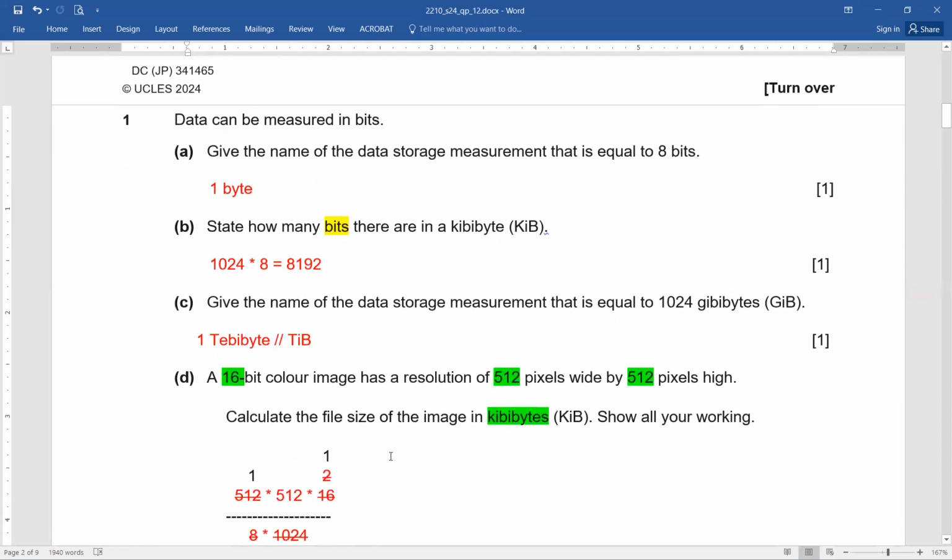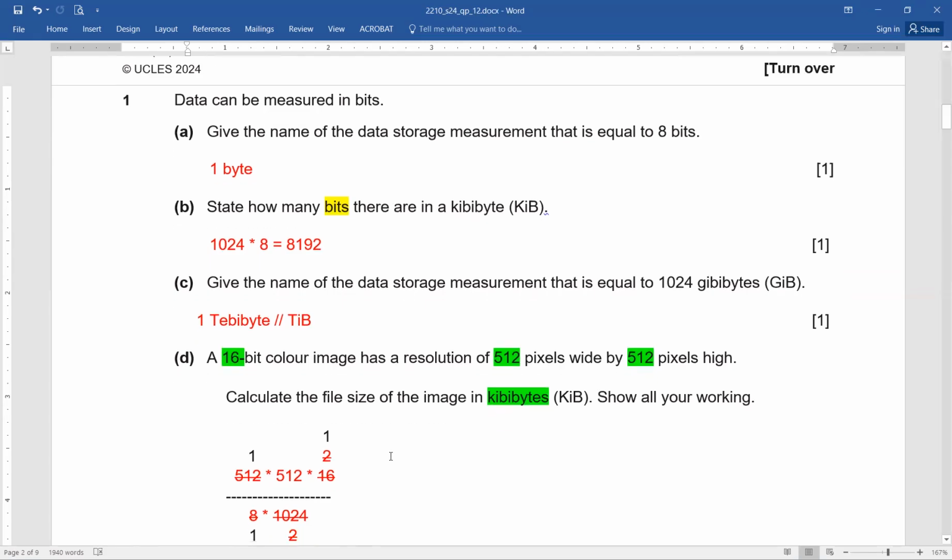See, 5 and 12 and 5 and 12, numerator multiply by 16. Then what we did is the denominator has 8 and 1024. We have simply cancelled: 512 times 1 is 512 and 512 times 2 is 1024.